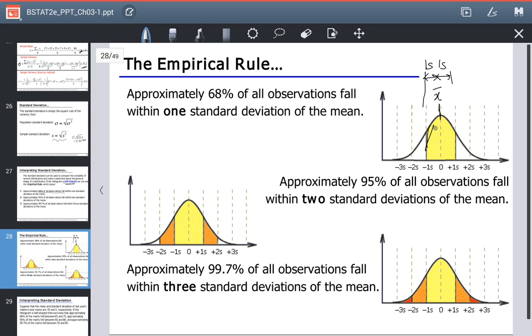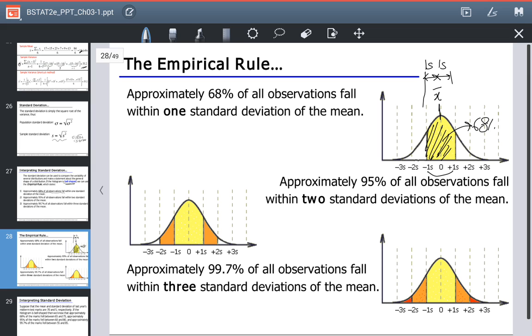This yellow portion comprises 68% of the observations. So this is 68%. That's the rule. It is a very nice rule though. We use it a lot, and we might use it in the coming chapters.